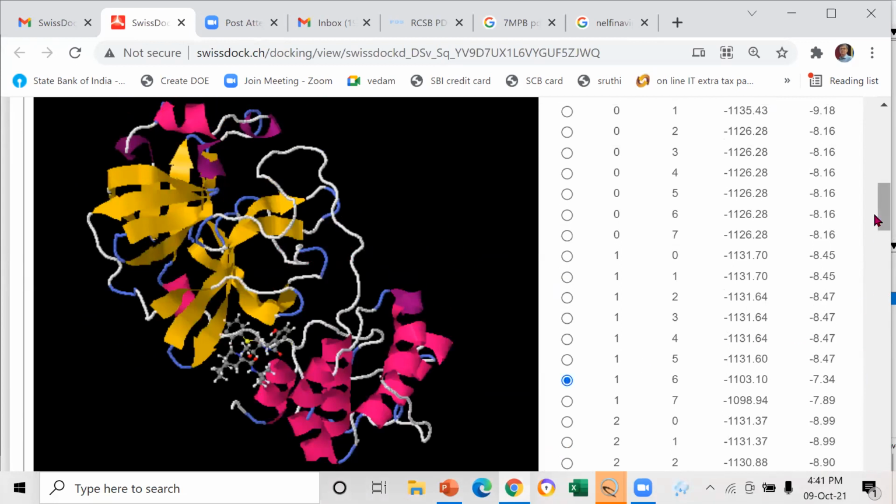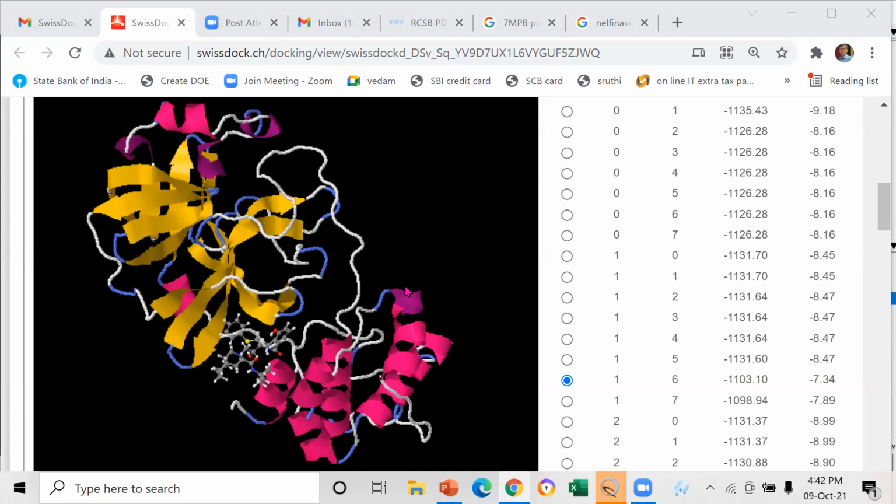You can see it. You got it. You are able to open nelfinavir. Yes, sir, participants are able to. Yeah, okay, that's what I want to see.